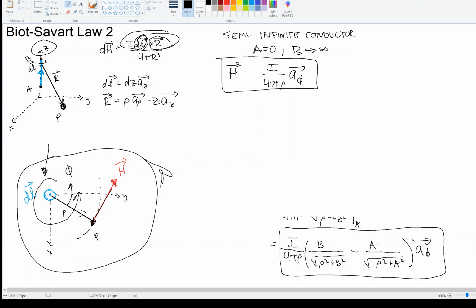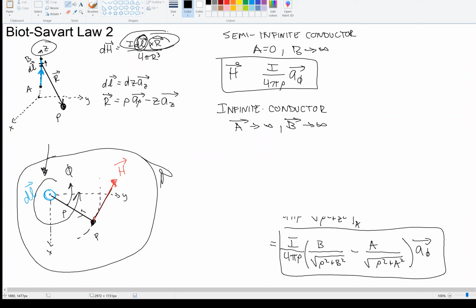Now for an infinite conductor, and we've talked about what it means to have an infinitely long conductor. That just means the dimensions of the conductor are longer than any other relevant dimensions in your problem. So now if we consider when A goes to minus infinity and B goes to infinity, this becomes B over B minus A over A, but then we also have the rho there.